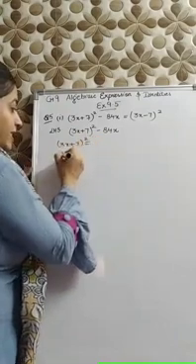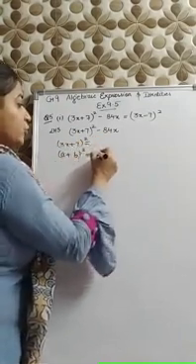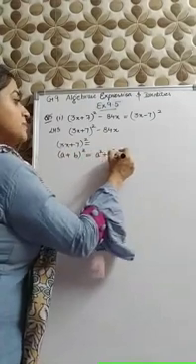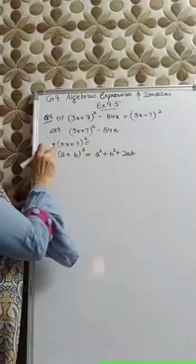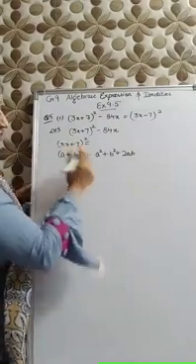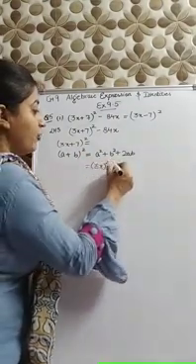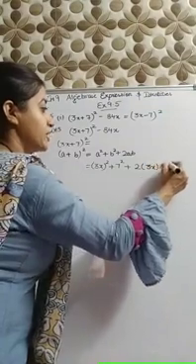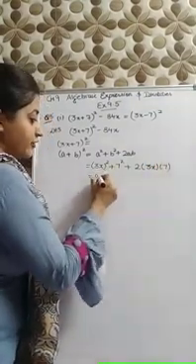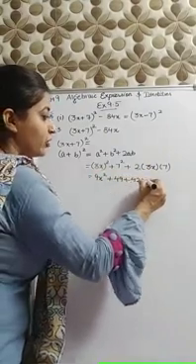This is your (A plus B) whole square, which is equal to A square plus B square plus 2AB. Now the value of A is 3x, value of B is 7. So let's put the value here. 3x, value of B is 7, 2A into B. Now this will give you 9x square, this is 49 and this will give you 42x.